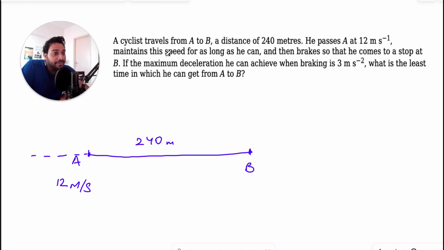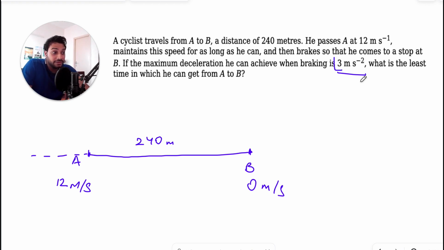They've given the maximum deceleration he can achieve is 3 meters per second square, and in that deceleration he has to go to zero velocity at B. So what's the least time required to get a velocity of 12 meters per second to 0 meters per second, given that the maximum deceleration is 3 meters per second square? What does this mean?